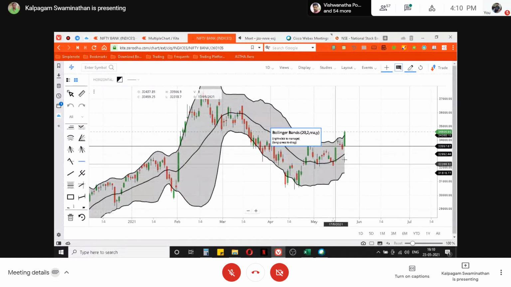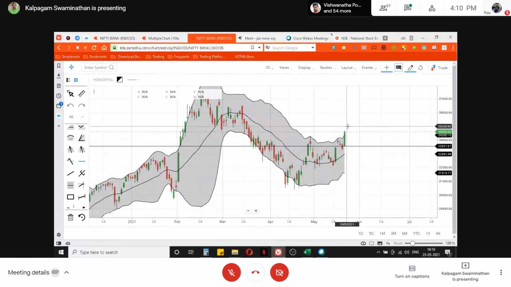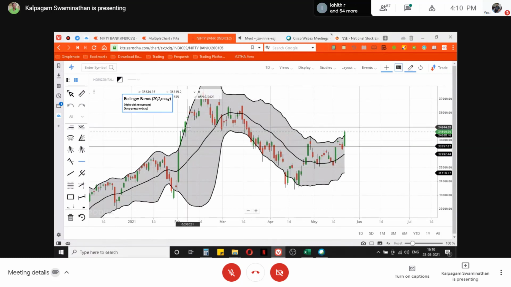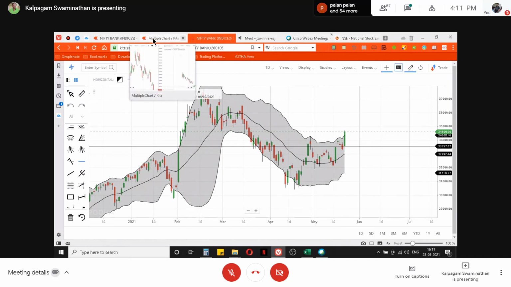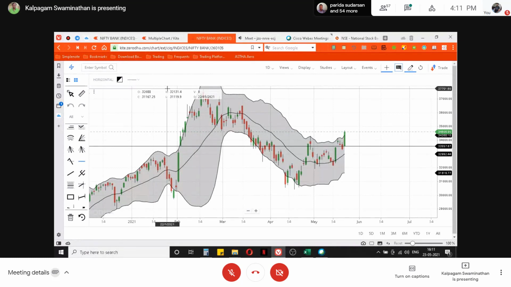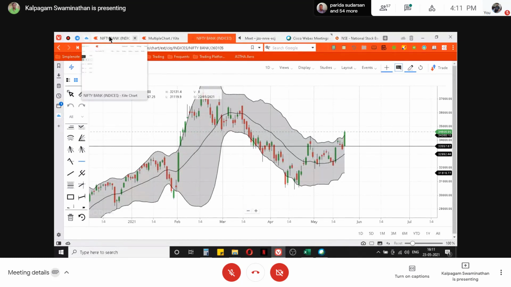That means whenever the band extreme has been crossed, price will have to come back to the mean. So we'll wait for tomorrow to tell us whether it's going to continue or not. Trend is still an uptrend, absolutely no doubt at all.